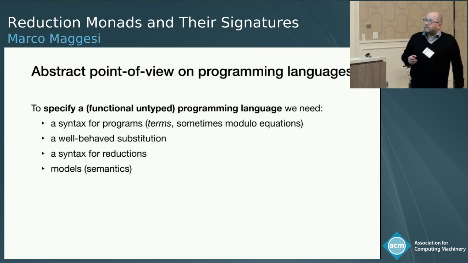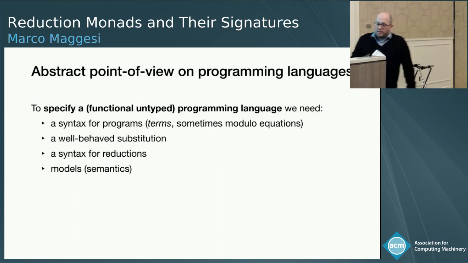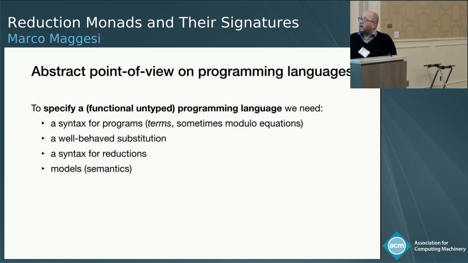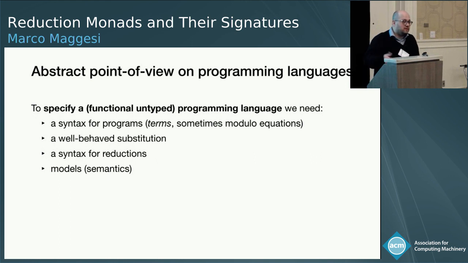I would say that there are a few things that are essential to specify a programming language, which are syntax for programs, which we call terms, and a well-behaved substitution, which respects the syntax, and a syntax for reductions to specify the computational steps, and the models, which are essential for doing semantics.